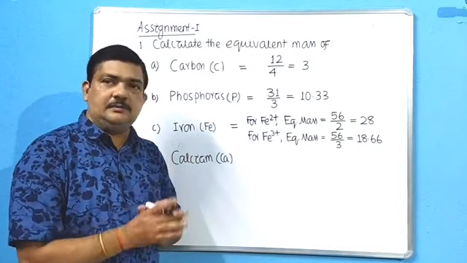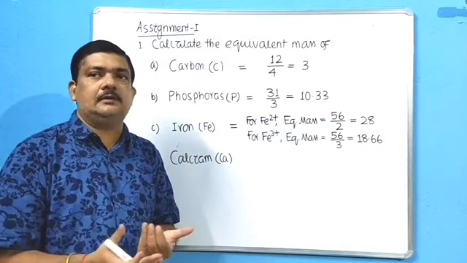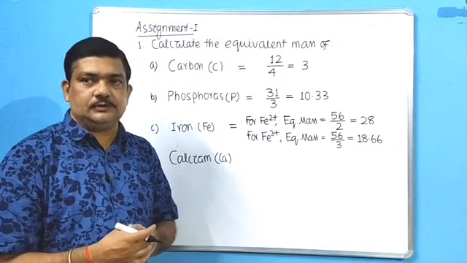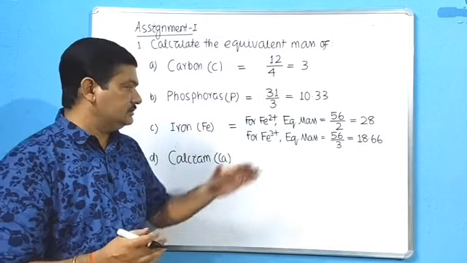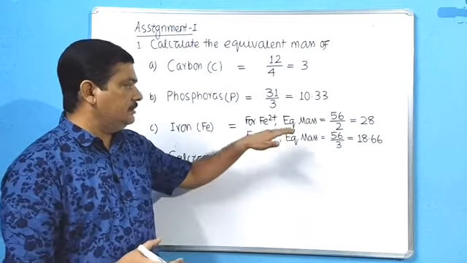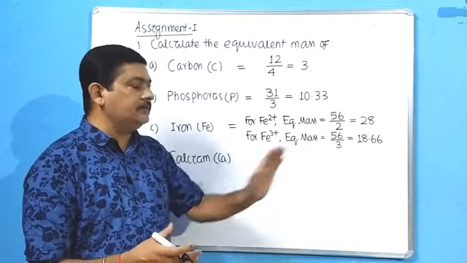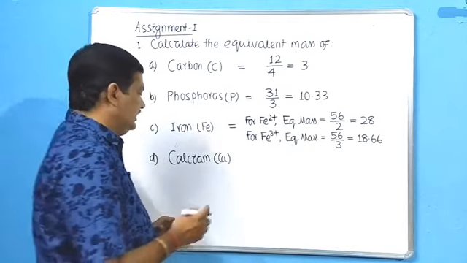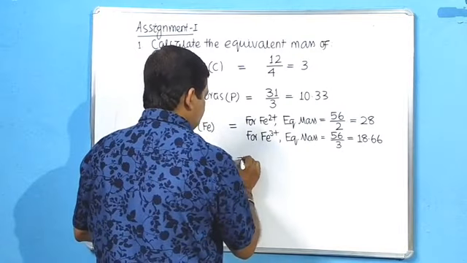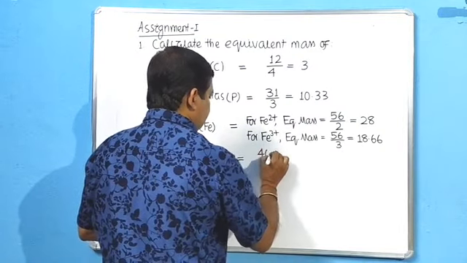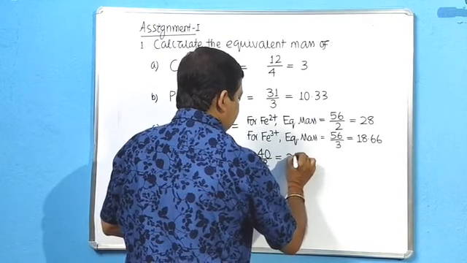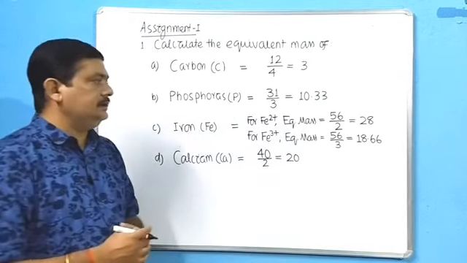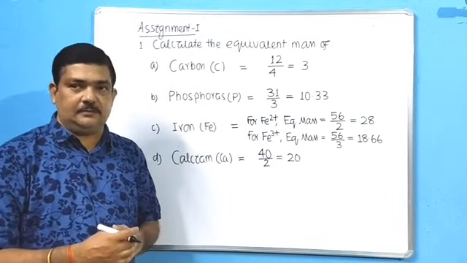Because the formula is atomic mass by valency, and iron shows two valencies: 2, ferrous, and 3, ferric. For ferrous it will be 28, and for ferric it will be 18.66. Then calcium, a simple one: the atomic mass is 40 and the valency of calcium is 2. So what will be the equivalent mass of calcium? Not 20. Okay, this is the answer of assignment number 1.